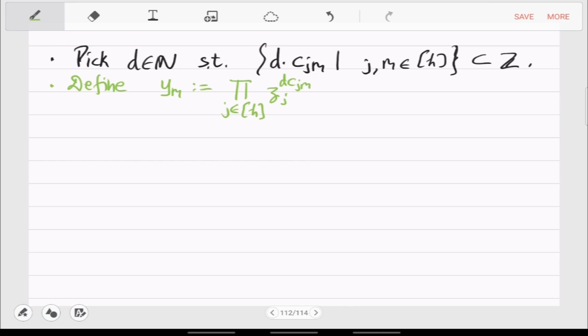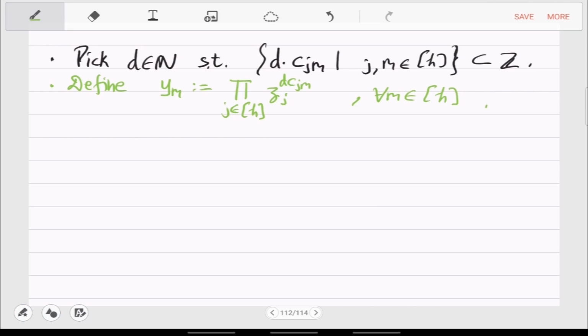So we want to take a product of the zj's that we had found, raising them to these exponents which are now integers that we just found. This is happening in the function field, right? So ym is now a function. So we have designed these h functions from the zj's.